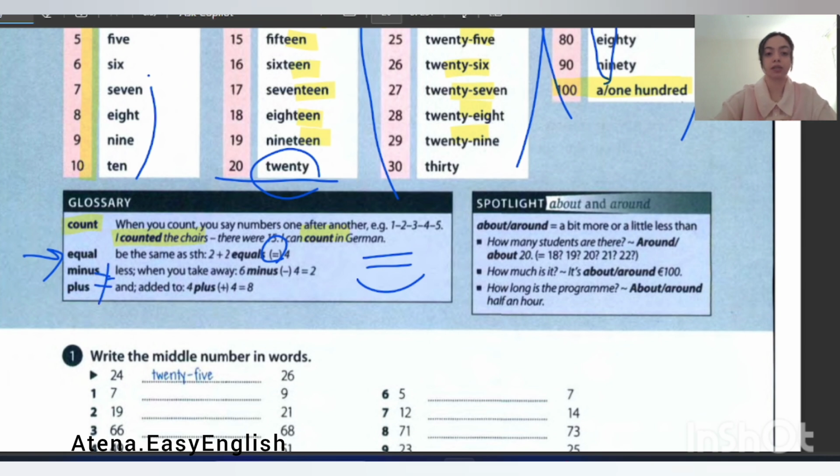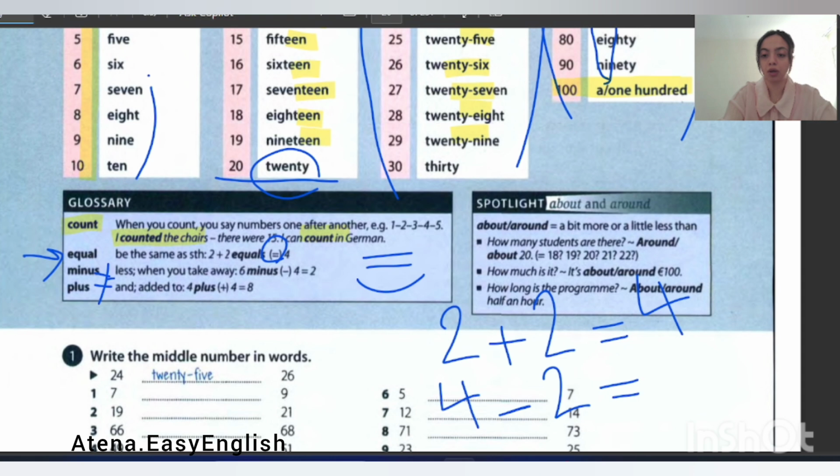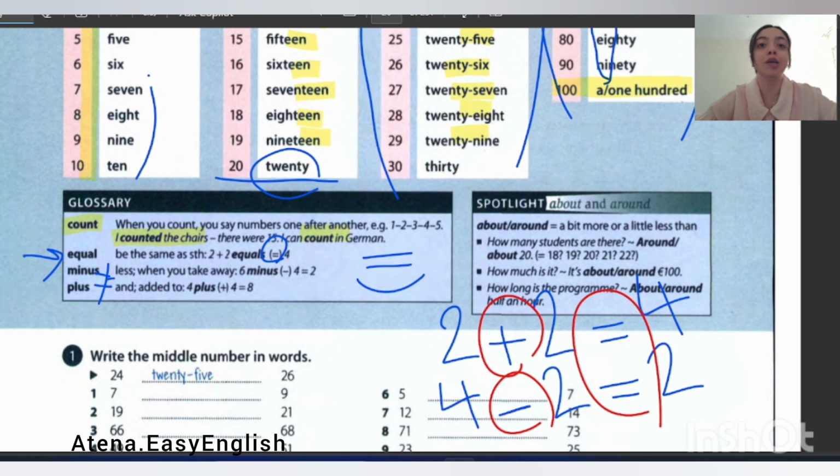They're opposite. So as you can see here, 2 plus 2 equals 4. And here, for example, 4 minus 2 equals 2. So here we have the symbols. This one is plus, this one is minus, and these two are equals in English.